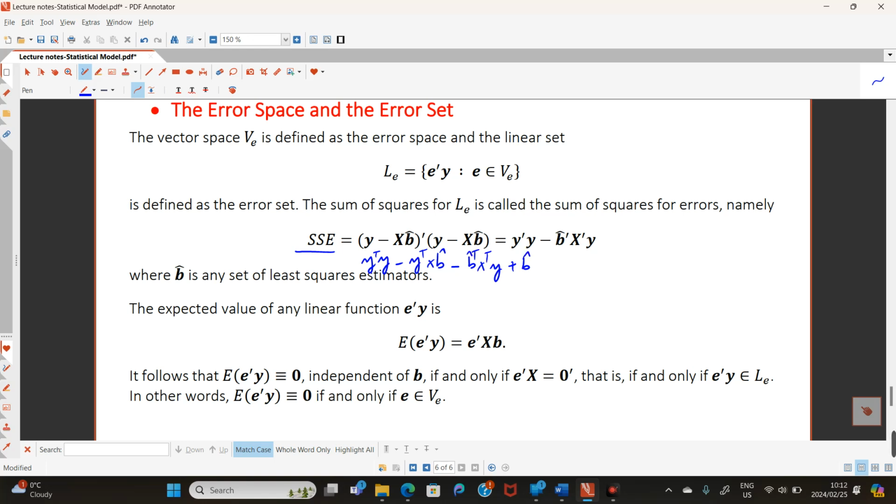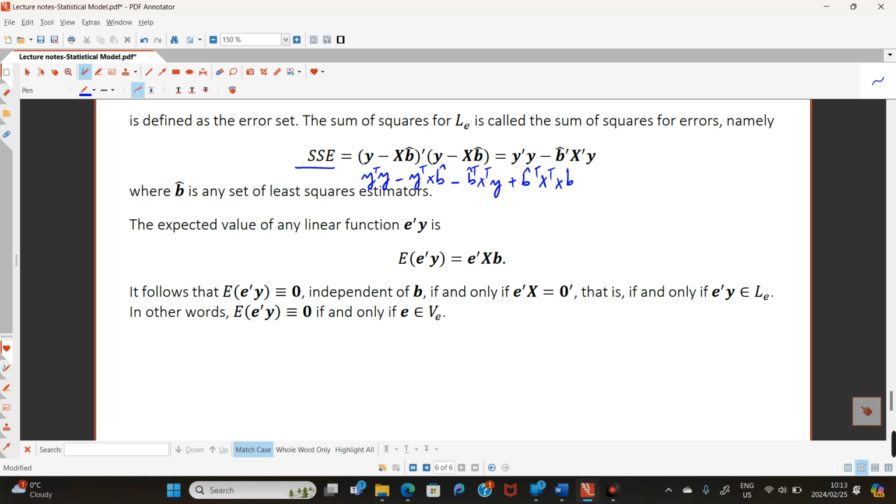Sorry, this last term must be b hat prime x prime x b hat. If I do this, then I can, of course, say this is the sum of squares of errors, and b hat is any set of least square estimators.